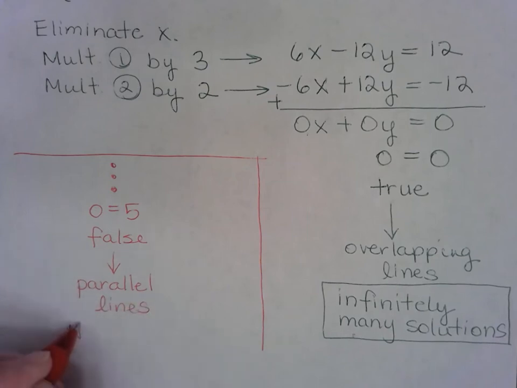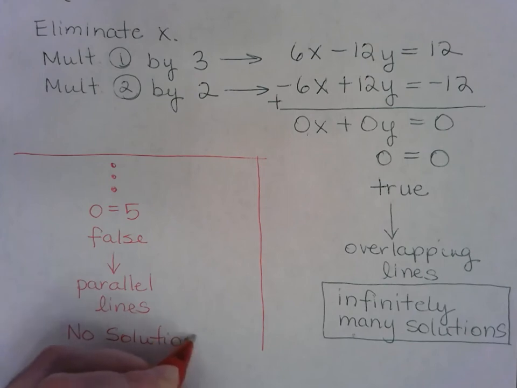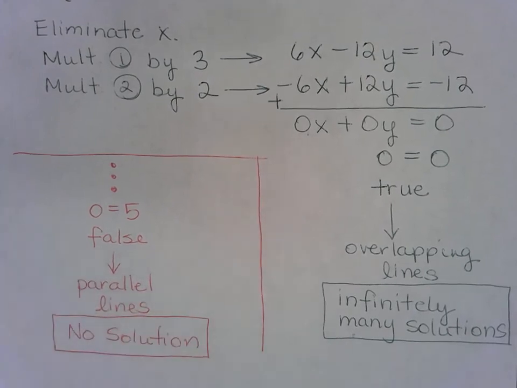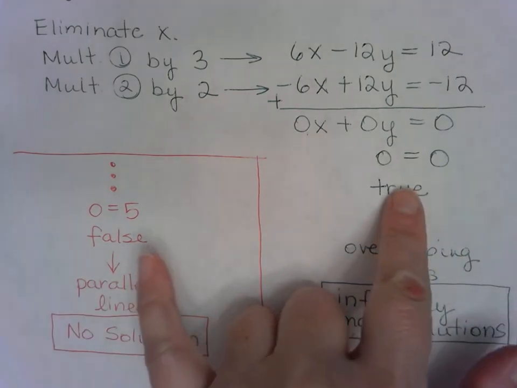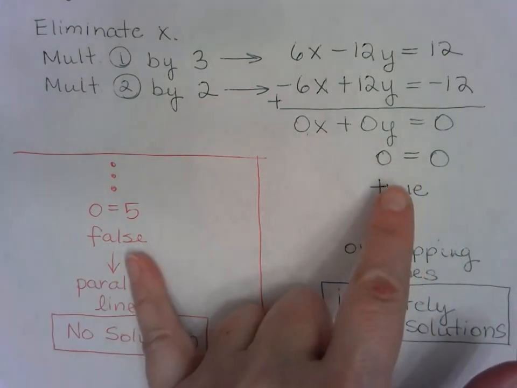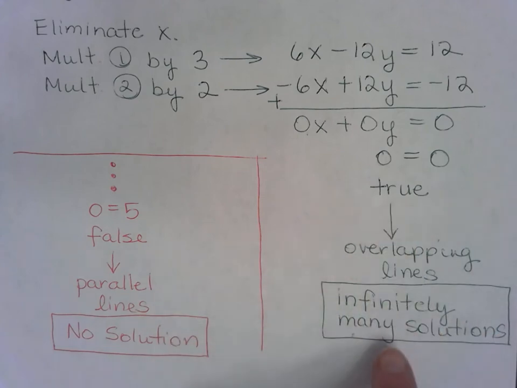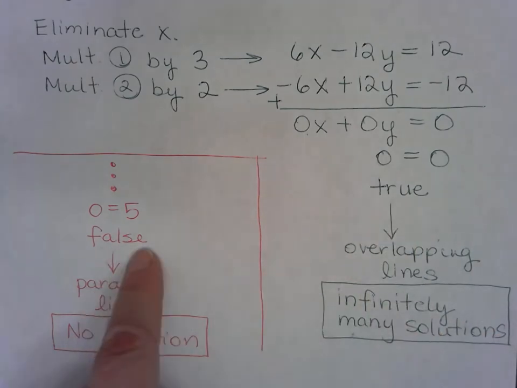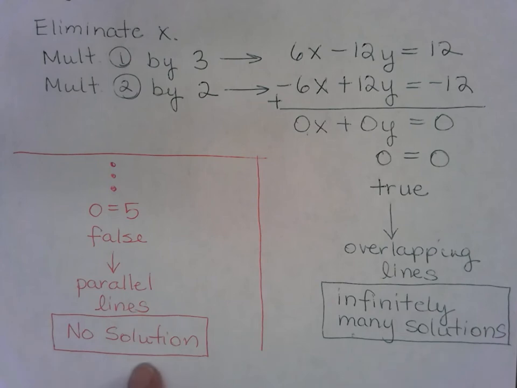And we don't have a solution in that case. Okay, so when we work an example like this out, right, the method is still the same, but it's going to depend on, did I get something true or false at the end? If I got something true, it's overlapping lines. If I got something false, it's parallel lines, and I have no solution.